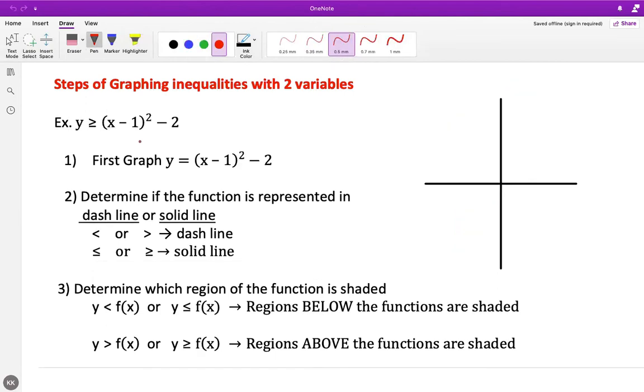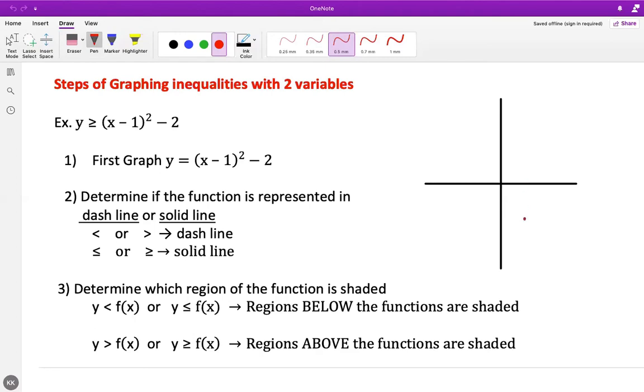Okay, let's try a different question this time. We have the quadratic function y greater than or equal to (x minus 1) squared minus 2. Remember how we can draw the quadratic function? This is the vertex form. The vertex is at (1, negative 2), so when x is positive 1, y is negative 2.